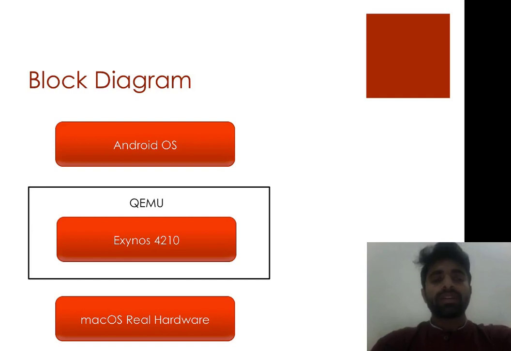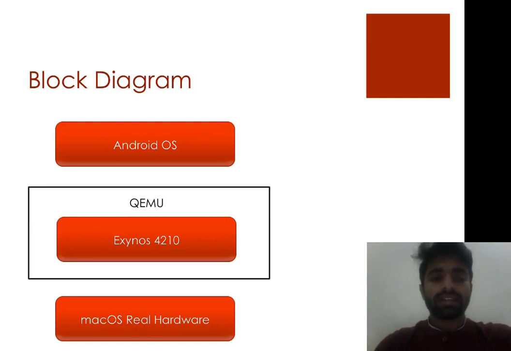We will build the Exynos 4210 processor in QEMU, and QEMU will get the instructions from the Android operating system ROM, translating or converting them.